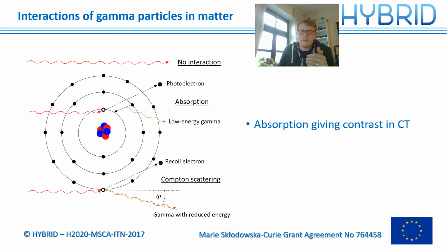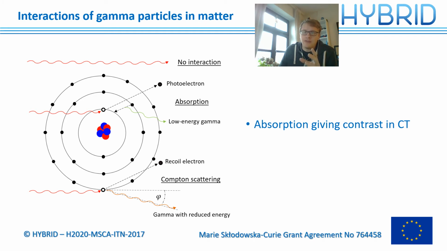So this is a simplified atom model, shooting it away from the nucleus, and then another electron can occupy its space and emit a low energy gamma. So in green displayed because it has way lower energy than the gamma particle we put in, which is stopped. So our gamma particle is gone after that.